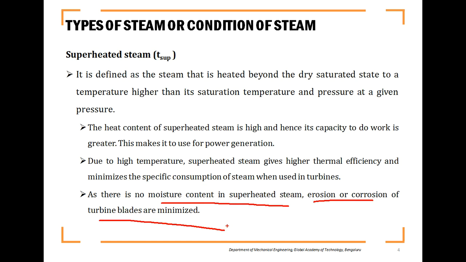When there is water content, the turbine blades might rust, or the casing might have some rust, and because of that the whole turbine might fail. So we use superheated steam, where erosion or corrosion does not take place. It is completely minimized. That is why superheated steam is chosen over dry steam and wet steam.